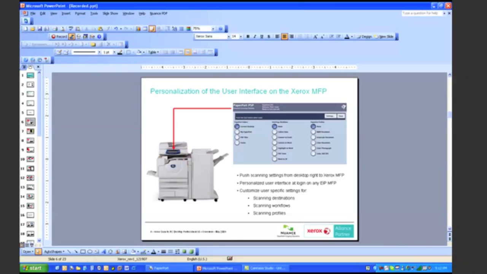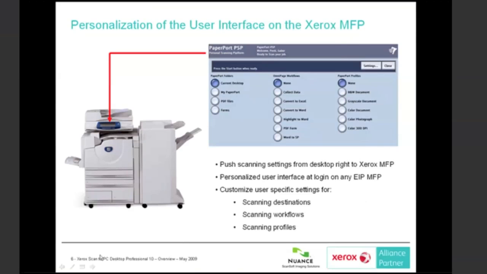And then, once I walk up to my Xerox device and identify myself, the settings that I selected will pop right up at the Xerox device's user interface. So again, Scan to PC Desktop Professional works with or without network authentication.